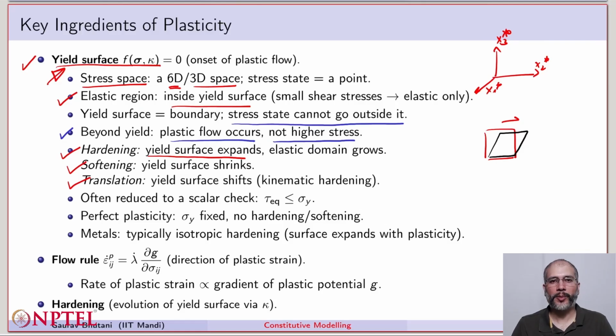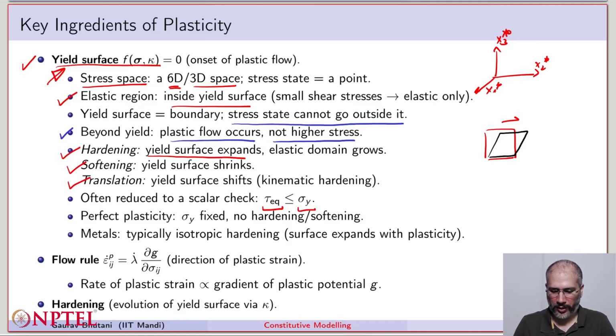Now, I've been talking about when the stress crosses a certain value, but stress is a tensor. Just like we talk about J2 of strains, we also talk about J2 of stress. So we compare a tau equivalent, which is the J2 of tau, the shear stress tensor, with a scalar threshold value, sigma y.